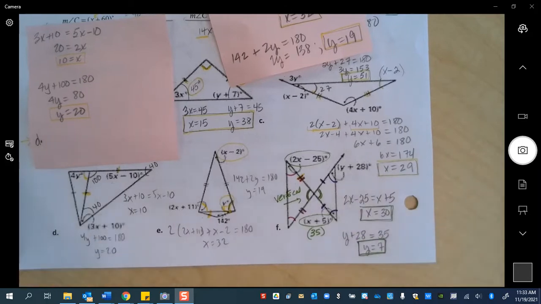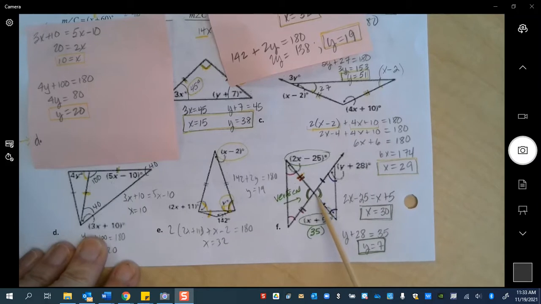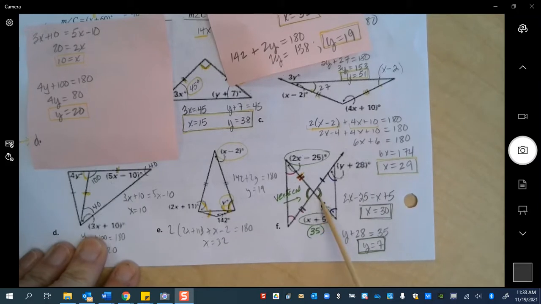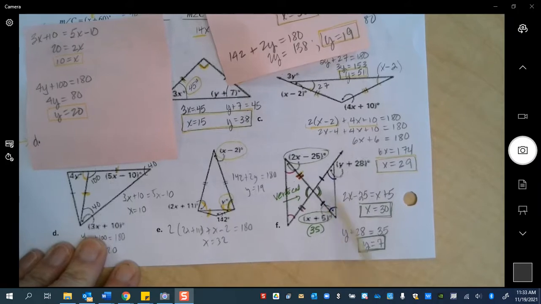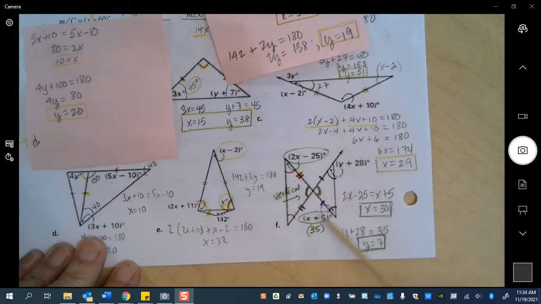So I've got an isosceles triangle, and both those angles, I don't know what they are. They're different sizes. But then I look at each of their third angles. Check it out. Their third angles are congruent. So if I know this plus this equals 180, then I know this plus this equals 180, right? And if these are the same, that means that these angles have to be the same.